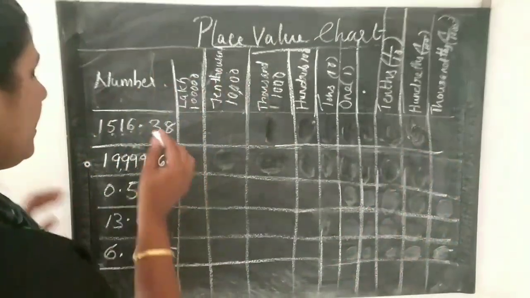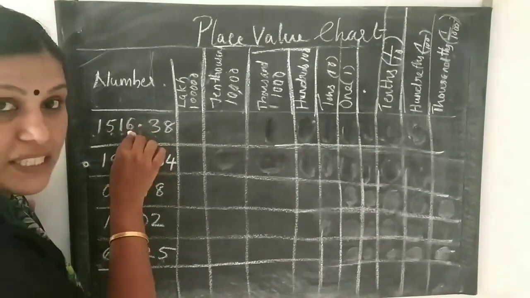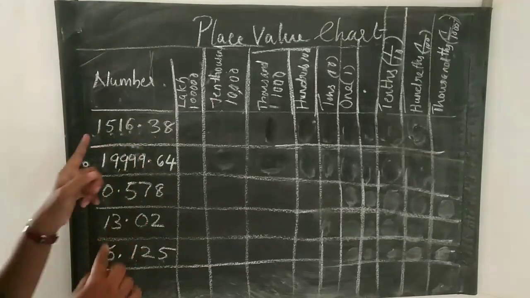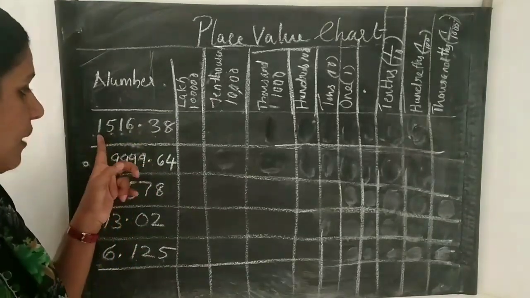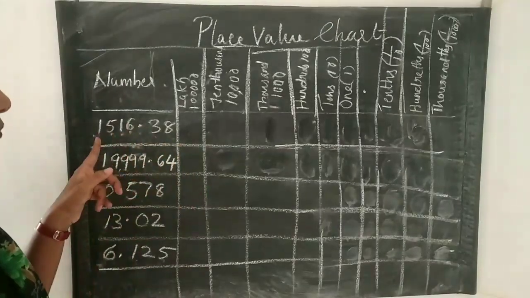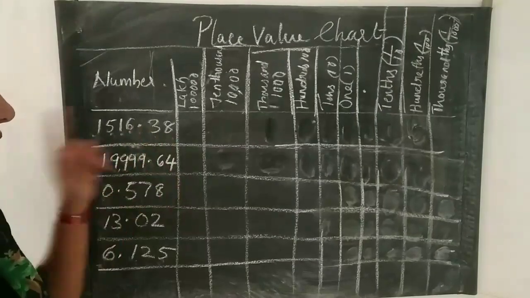Here the first question is how to write this number. First we count the place values: ones, tens, hundreds, thousands. The number is 1,516.38.